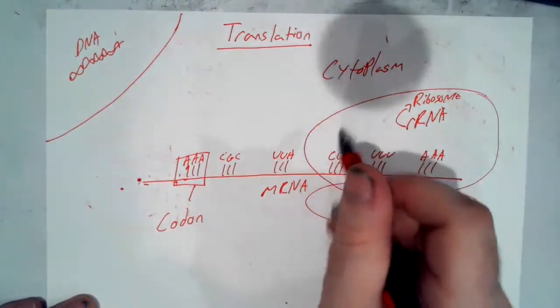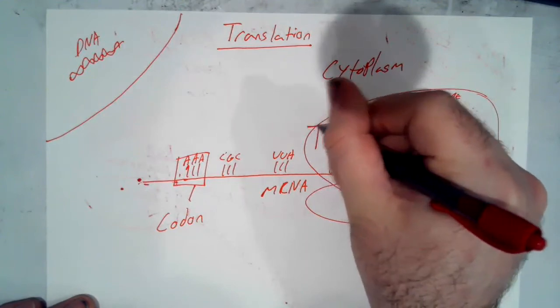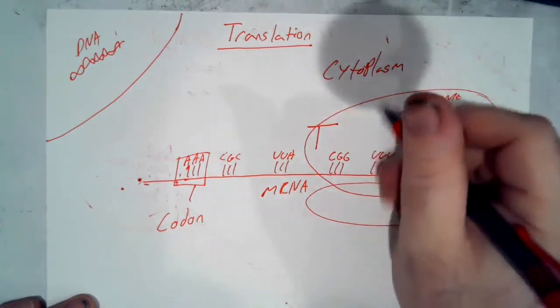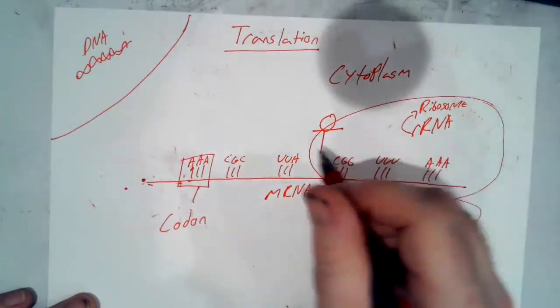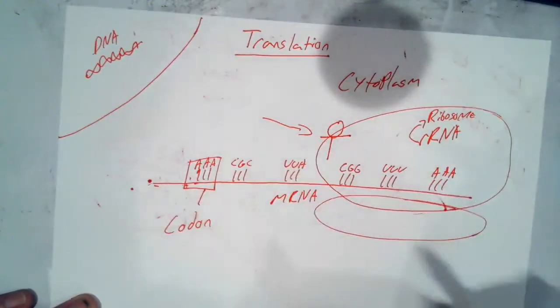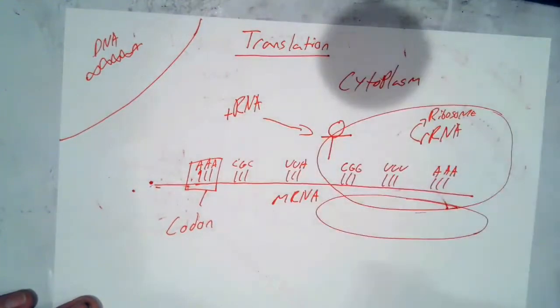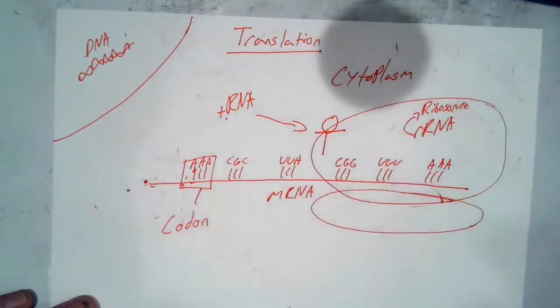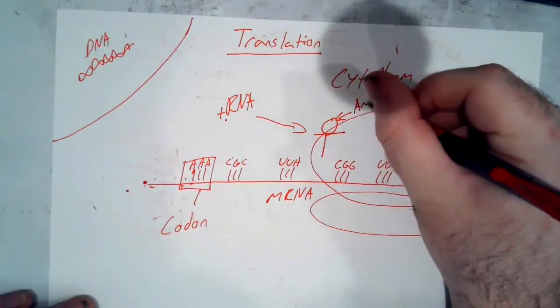Well, you're going to get this guy. We're going to draw him as a capital T. And he's going to have a little circle on him. And this guy is known as tRNA. And that T stands for transfer RNA. Well, what is it transferring? It's transferring this guy, and he's an amino acid.